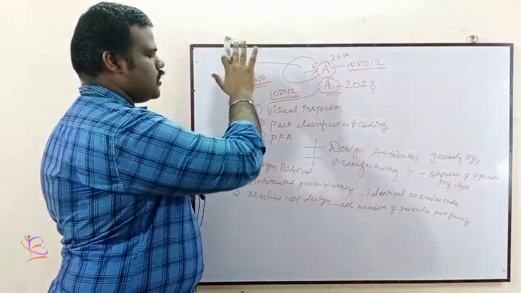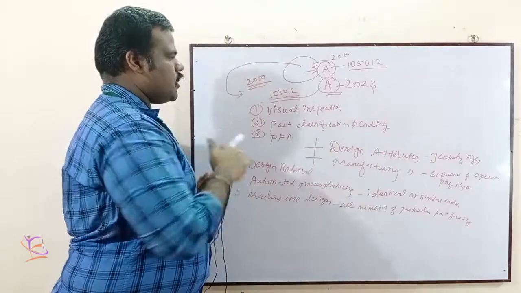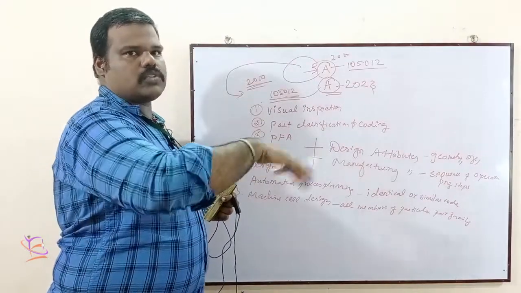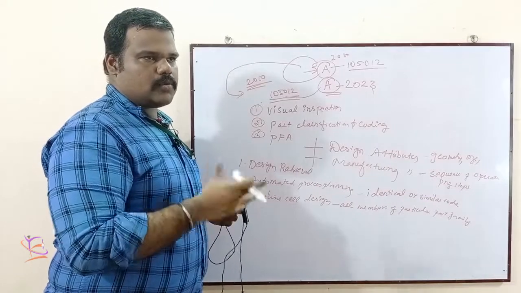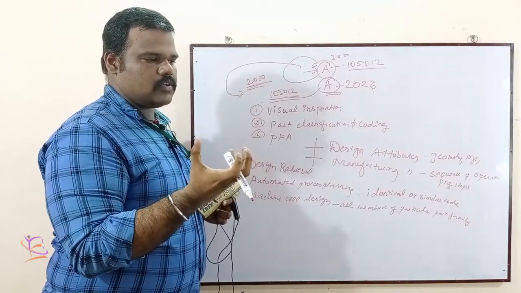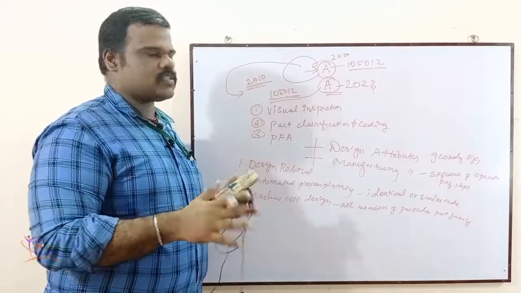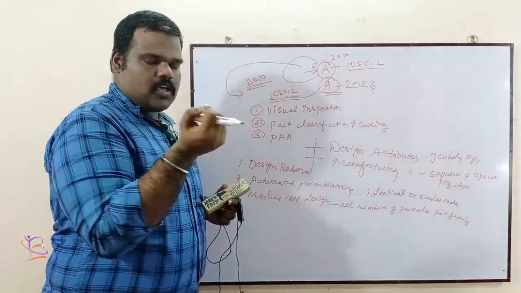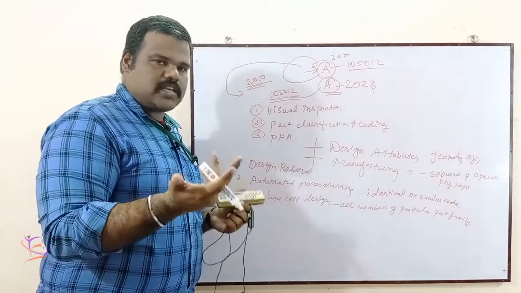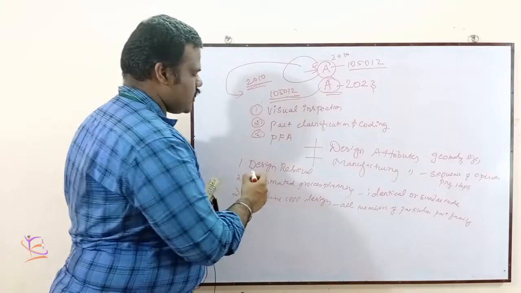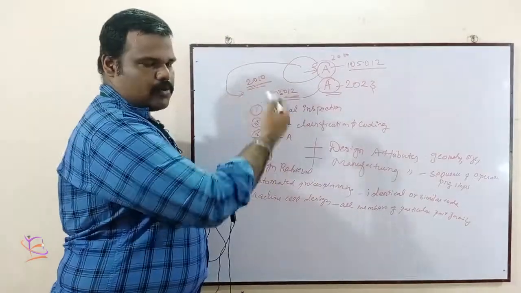Now I can find what design was used and what manufacturing sequences were used, so I can make the product again. The time to do everything from scratch is reduced, because I already have the product in hand, and minor changes are enough to bring out the final product in 2023. That is design retrieval, retrieving the product design.